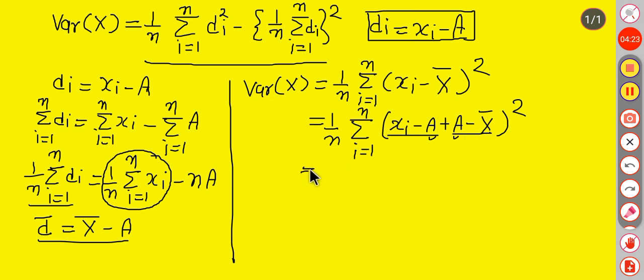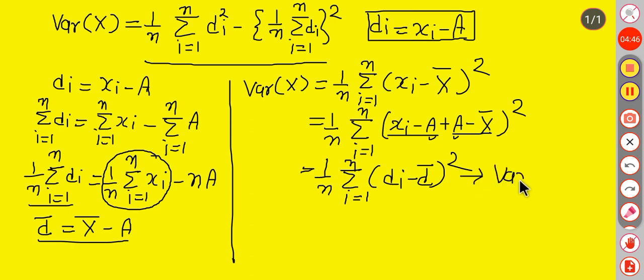So here I can write 1 upon n summation over i from 1 to n of di minus d bar whole square. So this may be one of the formulas for variance, and this will also reduce the computation.